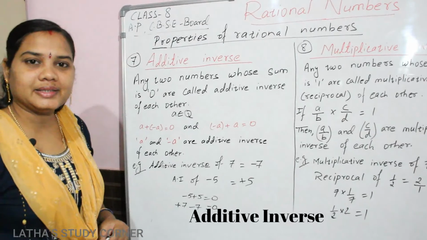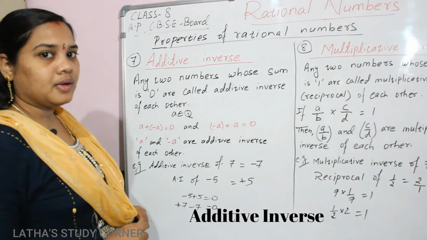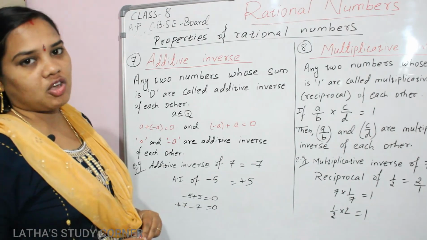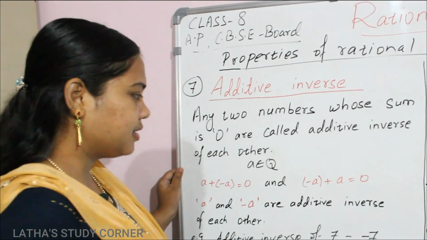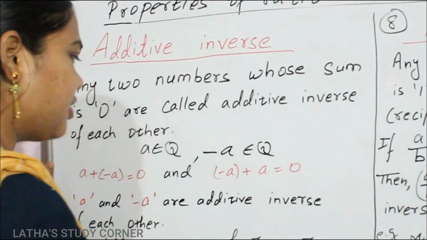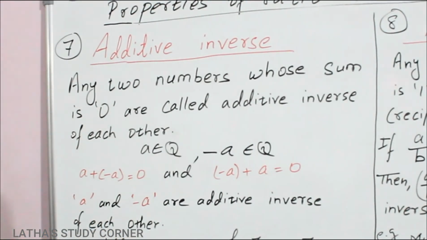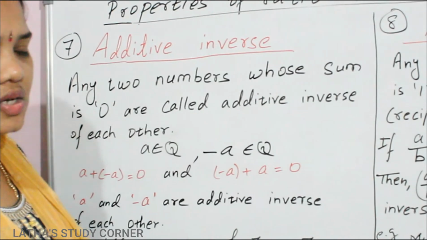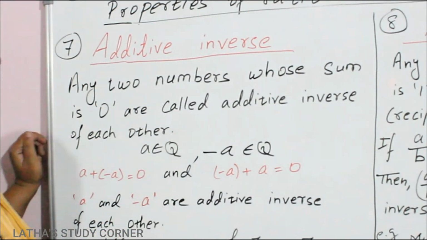So the next property is additive inverse. Any two numbers whose sum is 0 are known as additive inverses of each other. Example, A is any rational number, minus A is also a rational number. When we find the sum of A and minus A, definitely we will get 0. A plus minus A is 0, minus A plus A is also 0. So A and minus A are additive inverses of each other.